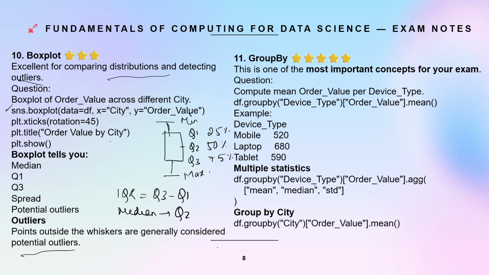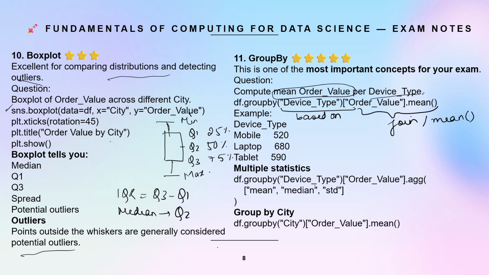Now, groupby is a very important concept for the exam. Let's say we are told to compute the mean order value per device type. So, based on the device type, you club the order value, and then you take the mean of this and you get your answer.